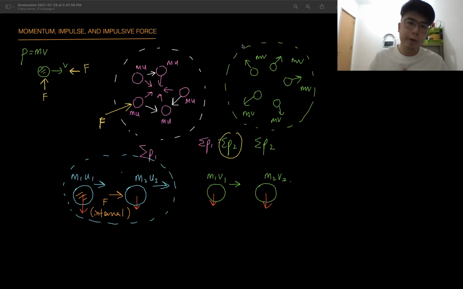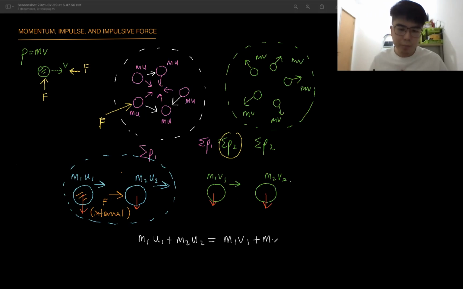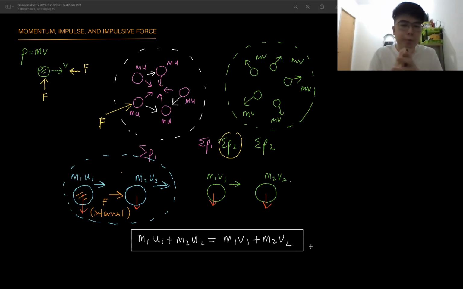So we can write an equation: m1 u1 plus m2 u2. That's the total momentum before, right? Equals the total after, m1 v1 plus m2 v2. And this equation applies everywhere, regardless of the location, regardless of the object, as long as there is no external force.